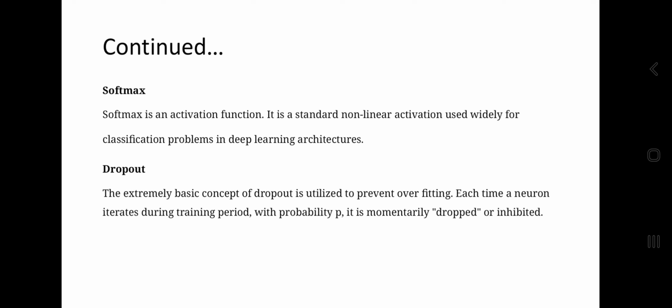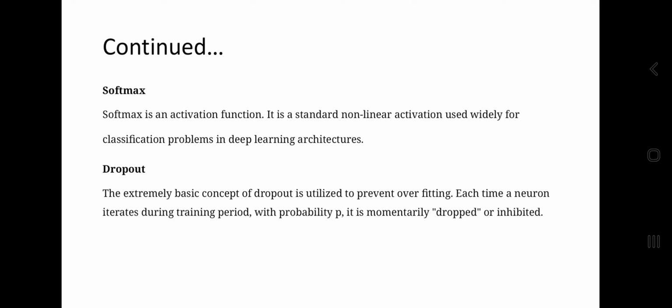Dropout. The extremely basic concept of dropout is utilized to prevent the problem of overfitting. Each time a neuron iterates during the training period, with probability p, it is momentarily dropped or inhibited. This indicates that at the current iteration, all of the neuron's inputs and outputs will be disabled.